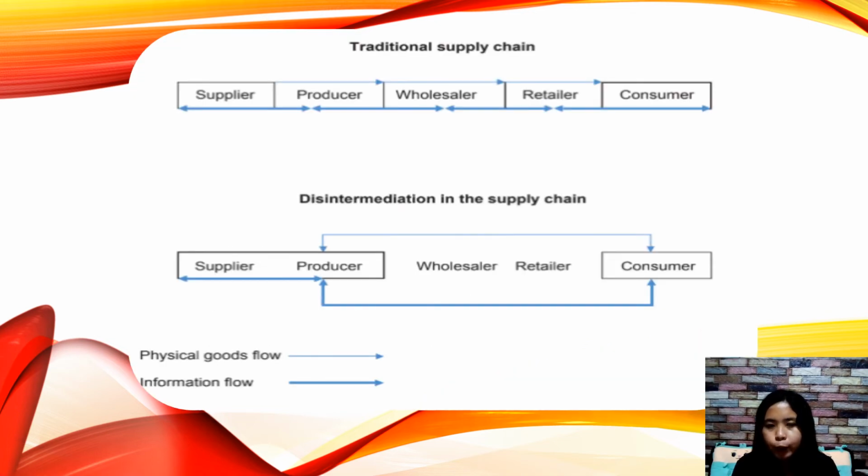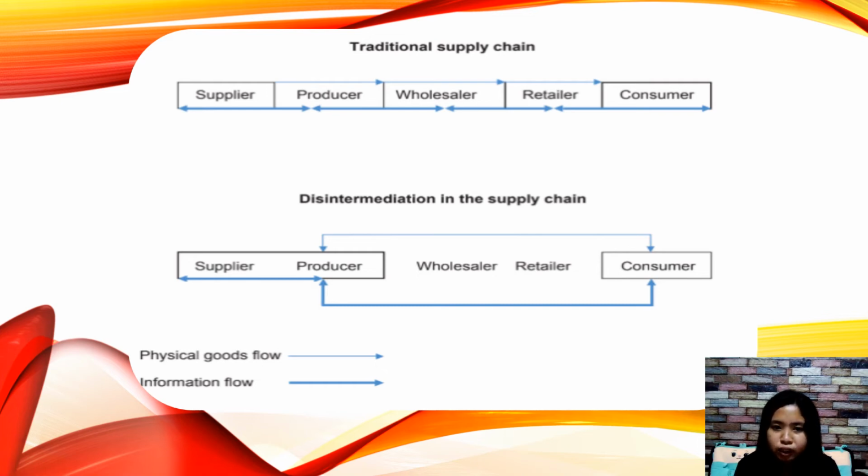So this figure illustrates the difference between the typical and traditional supply chain and the disintermediation in the supply chain. So the thin arrow is the flow of physical goods, and the thicker arrow is the flow of information. Sa traditional supply chain, the flow of physical goods is from supplier, producer, wholesaler, retailer to consumer.